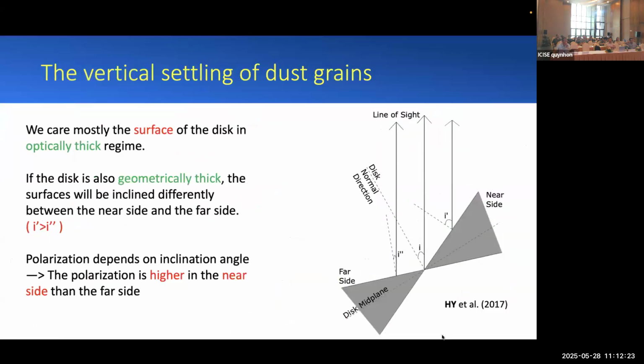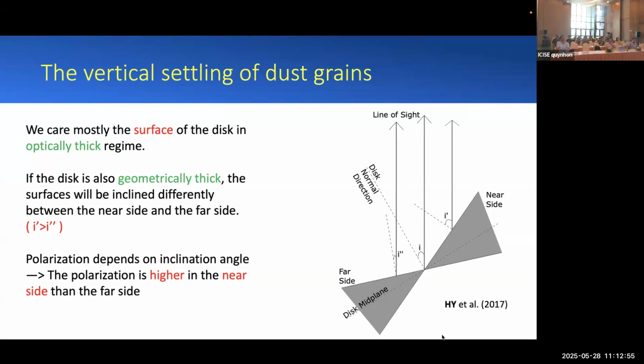Now, in addition to the grain size constraint, it is also very sensitive to the spatial distribution of dust grains. In this case, we consider an optically thick and geometrically thick system. It is optically thick so that dust grains only receive light from their nearby neighbors, and it's only sensitive to local structures of dust grains. It is sensitive to local structures so that in the near side and the far side, the polarization is determined by the local inclination of the disk surface.